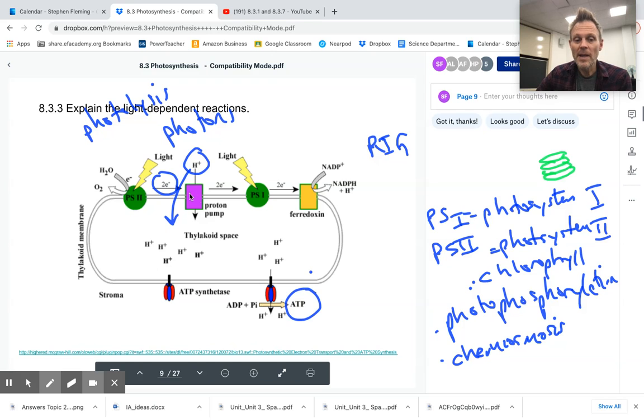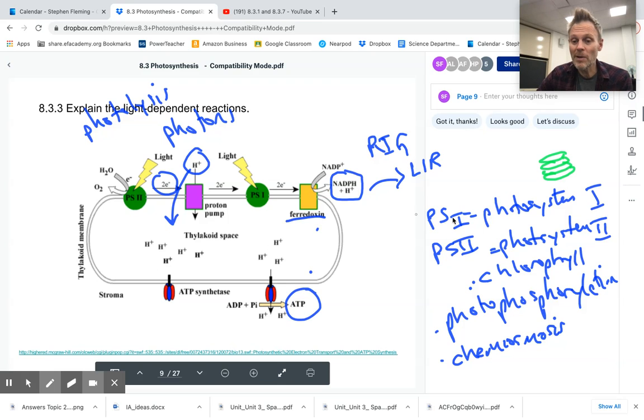The electron, this electron transport chain, bounces to the next photosystem, here in photosystem 1, and that will cause the electron to bounce to the next protein, the membrane protein. You need to actually remember this name, ferredoxin. And ferredoxin's role is to take NADP and convert it to NADPH plus H. And this is going to be used in the light-independent reaction.